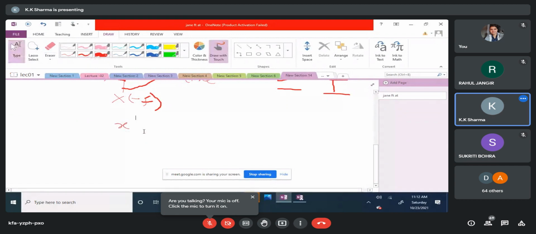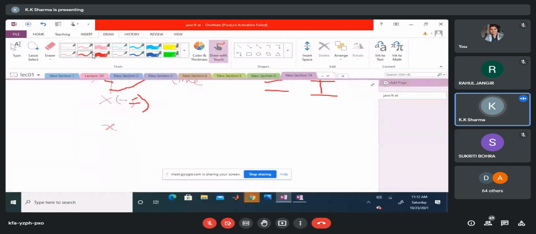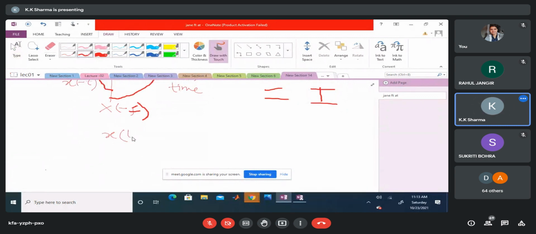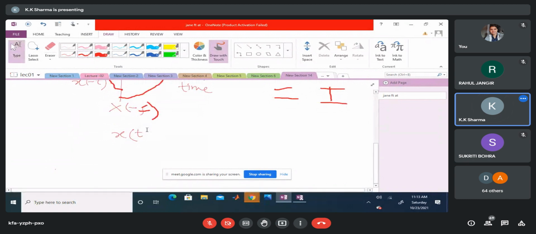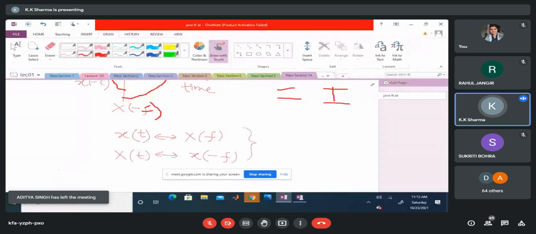That if x of t has a Fourier transform x of f, then the Fourier transform of x of f will be x of minus t. This is what is called the duality theorem.